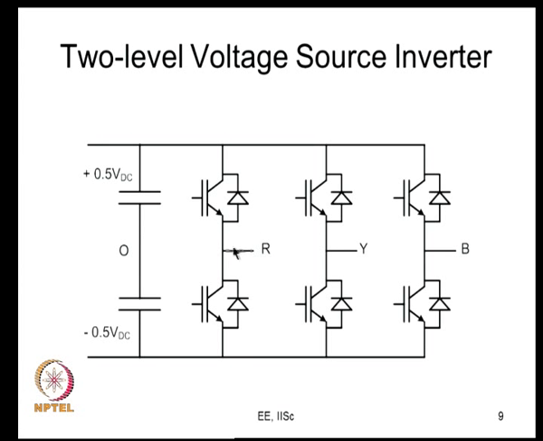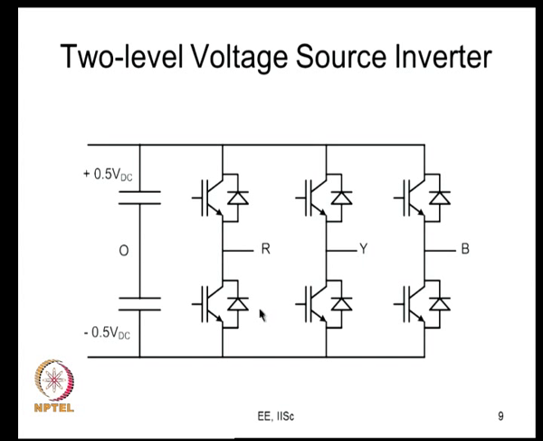So, this is R, the midpoint of this leg, which is a load terminal. VRO is the pole voltage, that is, the midpoint of the R phase leg measured with respect to O. Similarly, VYO is the Y phase pole voltage measured with respect to O. VBO is the B phase pole voltage, measured at B with respect to O. So, these are the 3 phase pole voltages.